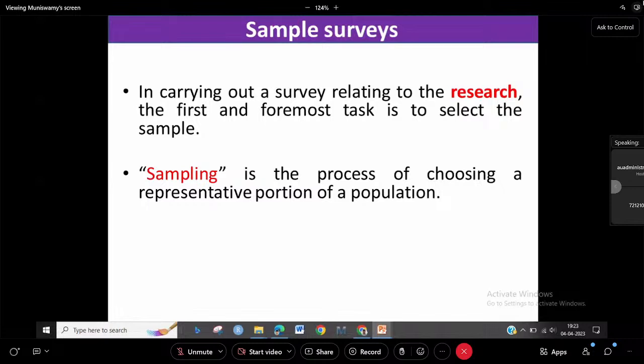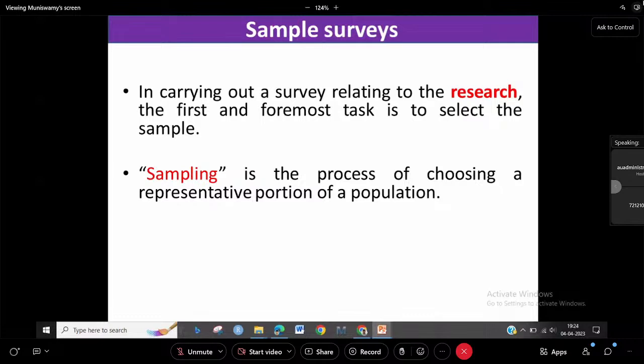So in the sample survey, drawing the samples from the population is very, very important.